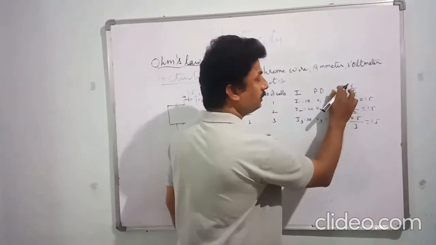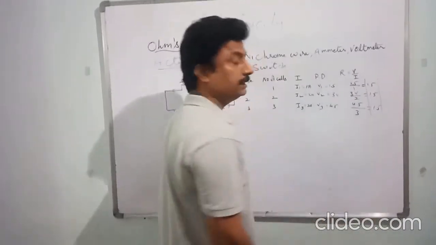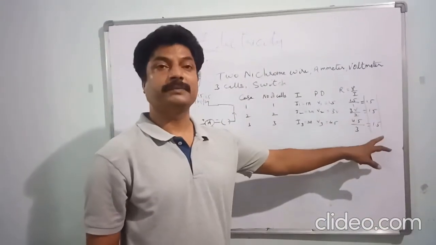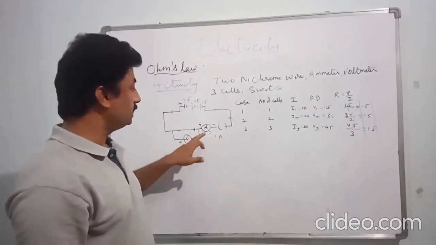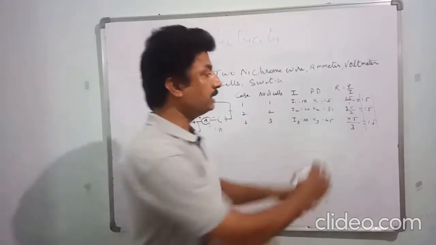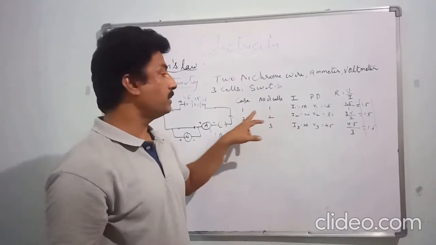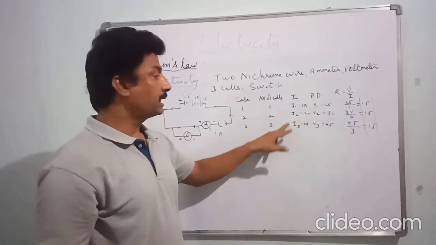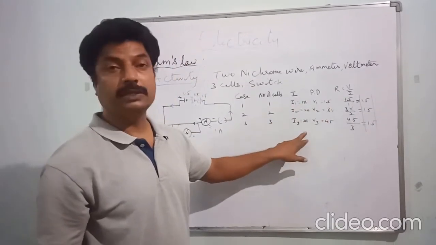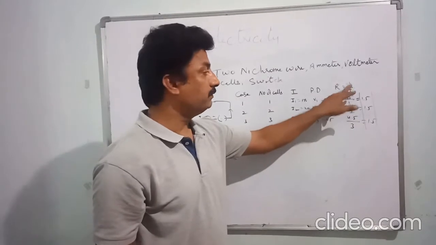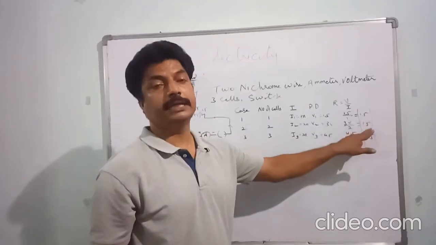So whatever R you are getting, it is the same. The ratio between the voltage and the current is equal in all the cases. You increase the batteries, you increase the voltage, and the current is also increasing. The V by I ratio is the same.